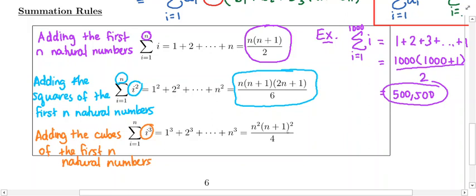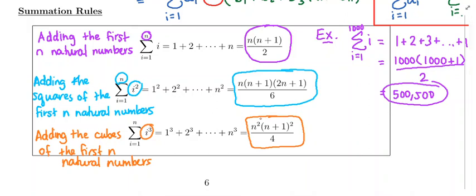If that's what you were summing up, you would plug into this formula, and again, n is the upper limit of summation. In the next example, we are going to do some practice using the summation rules and also the summation properties.